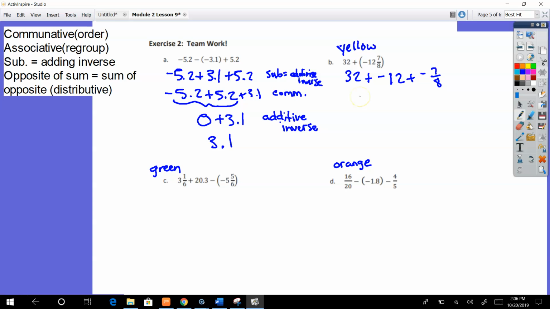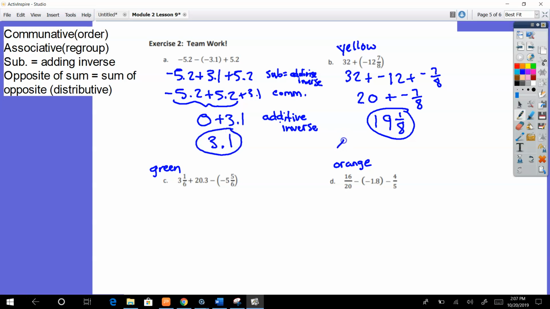So 2 minus 0 is 2, 3 minus 1 is 2, giving 20. Then 20 plus a negative 7/8, so I'm taking away 7/8 from that, which leaves me with 19, and I only have 1/8 left. Okay?